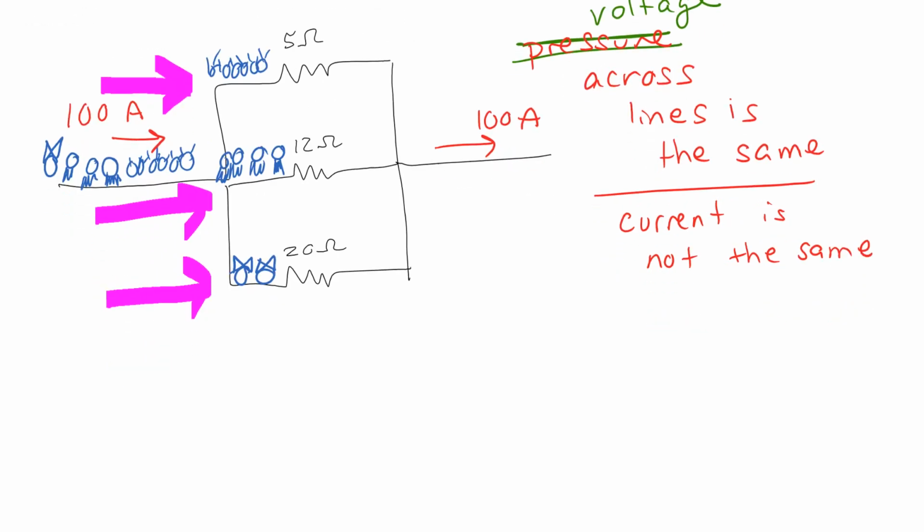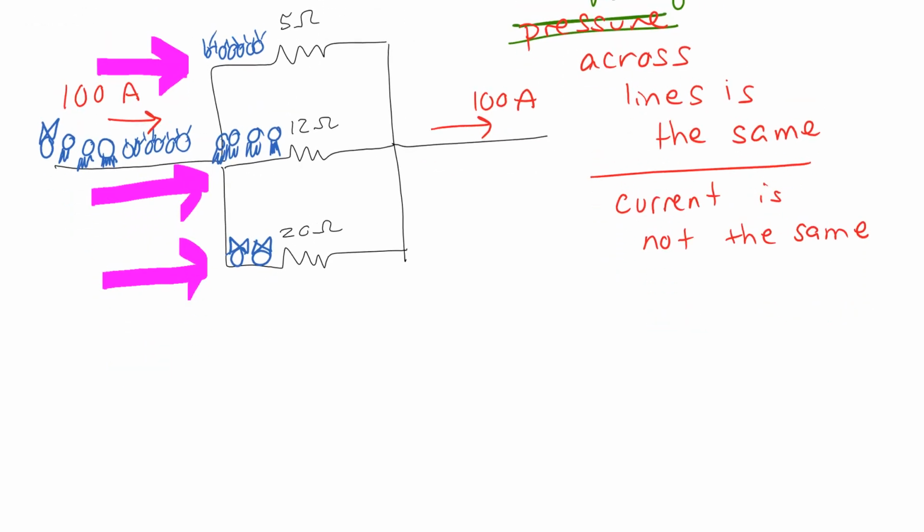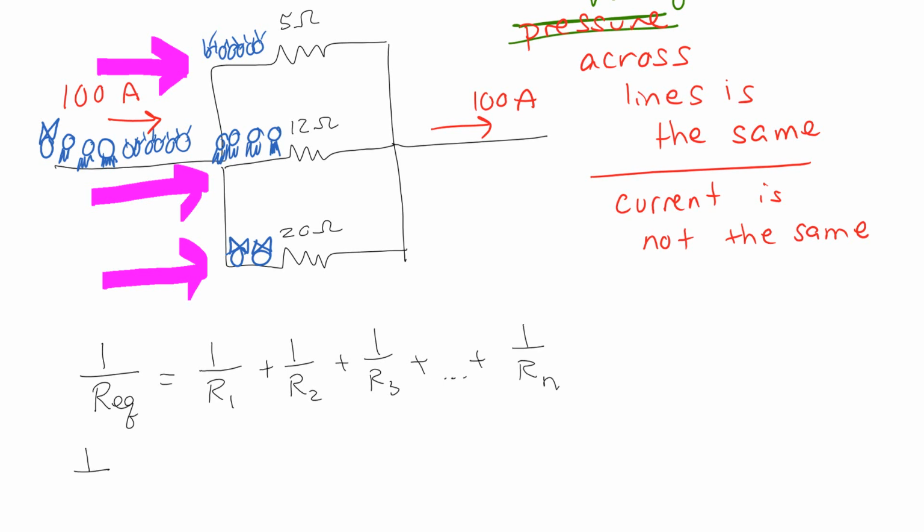Now, the equation for resistors in parallel, the equivalent resistance, is a weird equation. 1 over the equivalent resistance is 1 over the first resistance plus 1 over the second resistance plus 1 over the third resistance, and so on for however many resistances you have. So in our case, the equivalent resistance is 1 over 5 plus 1 over 12 plus 1 over 20.